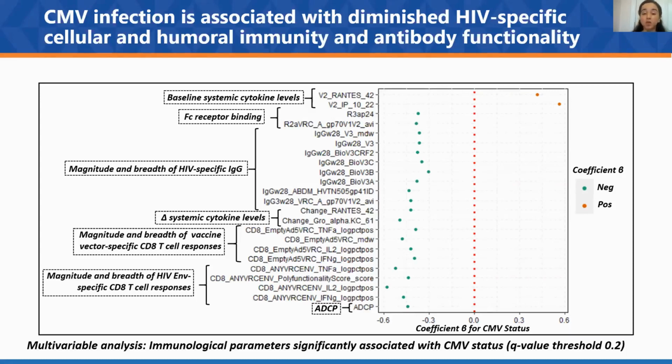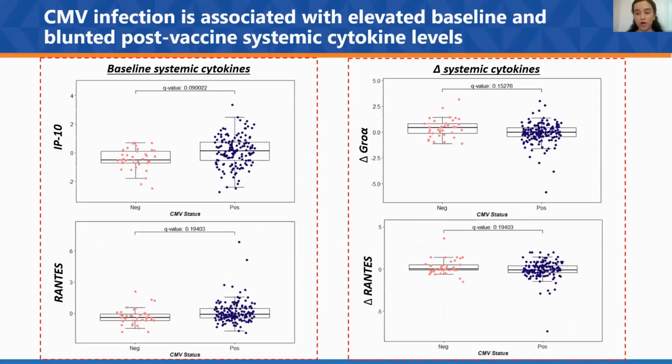You can see that the ones in negative are showing a protective effect, and the ones in positive are having the opposite effect. So these are a couple of data points that we can see. These are a couple of box plots that we plotted. Here are the CMV negative population and CMV positive population, and we can see that there is a protective effect in the ones where the uninfected population is a little higher.